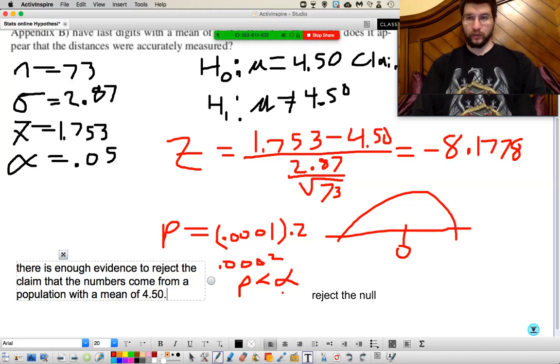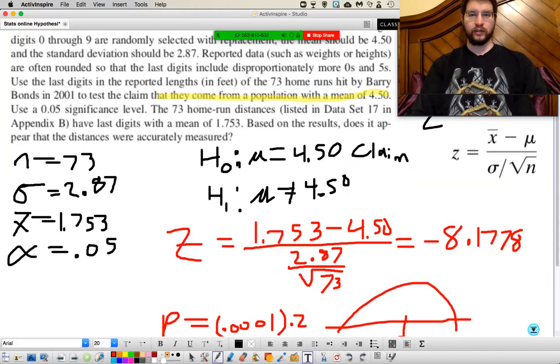This case gave us sigma. That means it's a Z. Do the Z test. And answer the question, based on the results, does it appear that distances were accurately measured? Nah. They rounded them things.